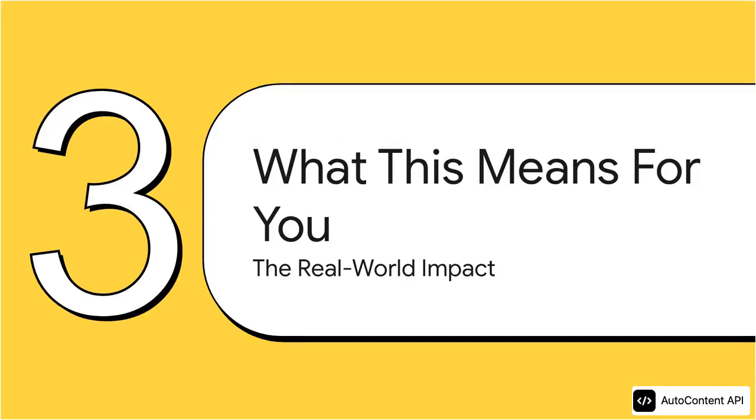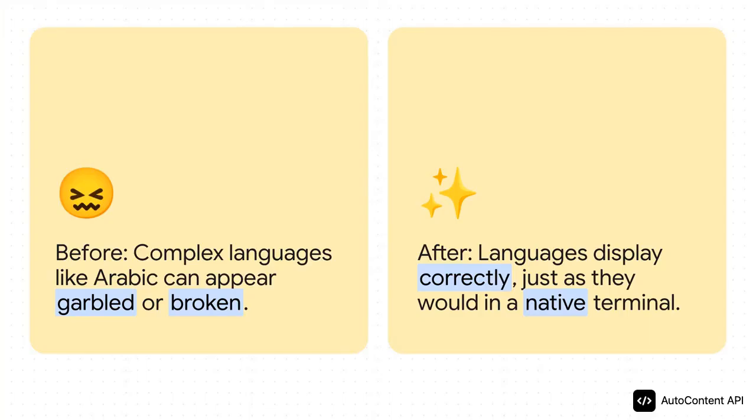Okay, so this is all very cool from a technical standpoint, but what does it actually mean for you and me, day to day? Let's talk about the real-world impact of this shift. Remember those rendering problems? Well, with Ghostty Web's proper grapheme handling, which, by the way, it gets for free from the native code, complex scripts just work. They display perfectly.